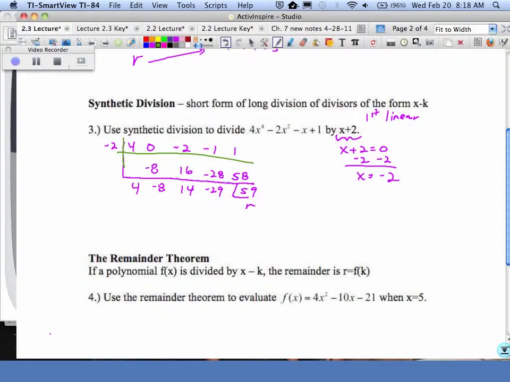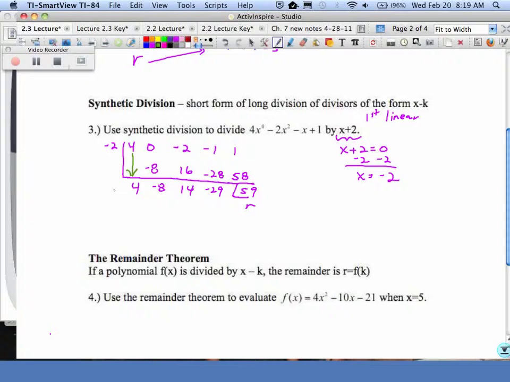What I'm doing is, that first number, the 4, will always just fall through, because my x has a 1 in front, so we technically are dividing by 1. You take the number out here, negative 2 times 4, and I get negative 8. Then I squish them together. What's 0 and negative 8? It's negative 8.